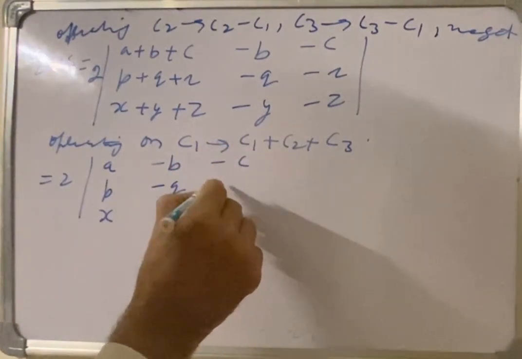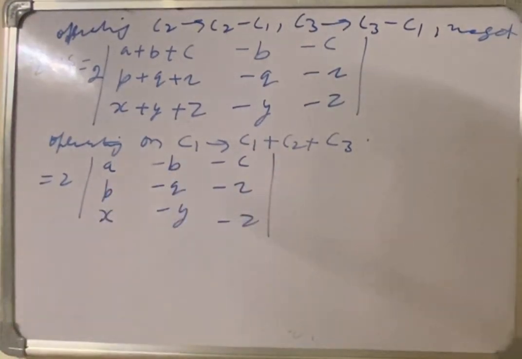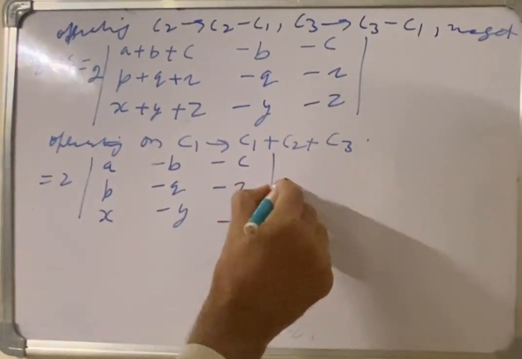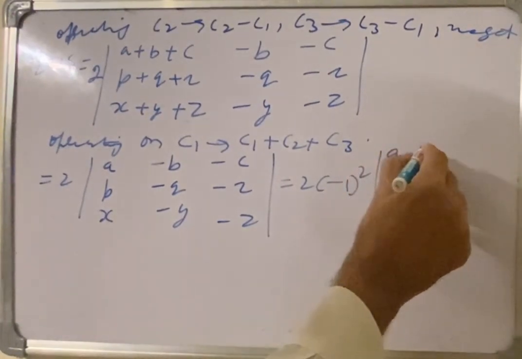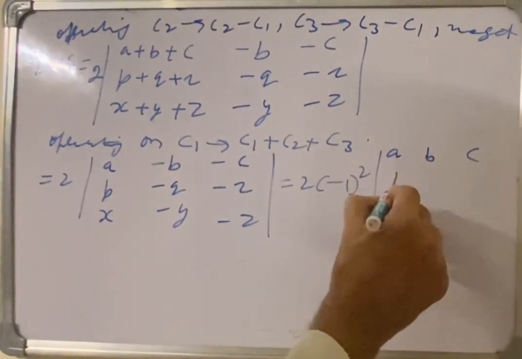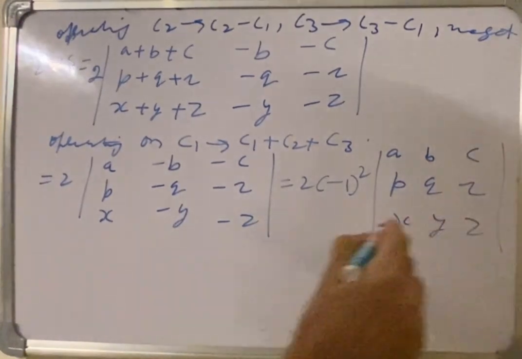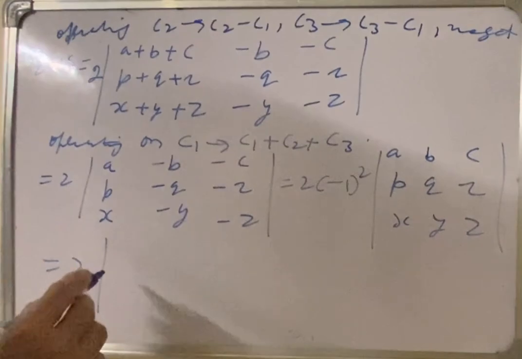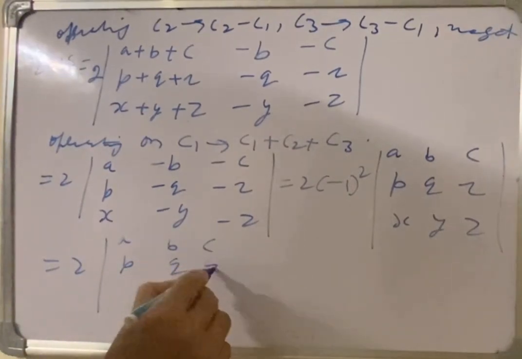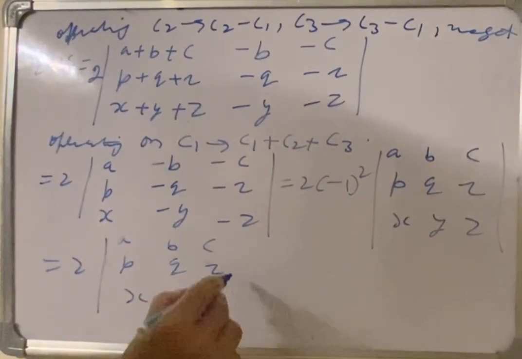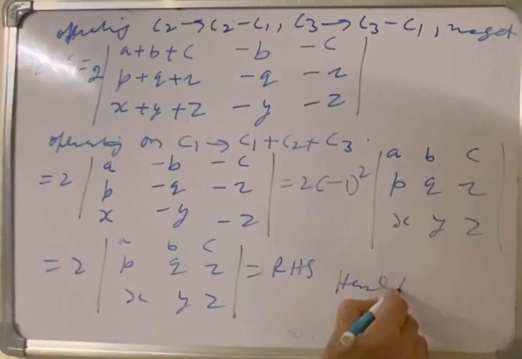Third is minus c, minus r, minus z. Taking minus common from C2 and C3, 2 into minus 1 into minus 1 is equal to 2 into the determinant with first row a b c, second p q r, third x y z, which is equal to the right hand side. Hence proved.